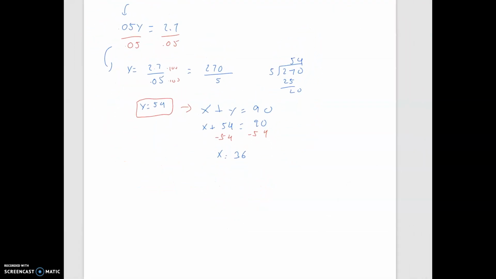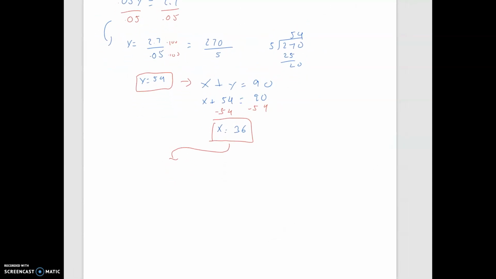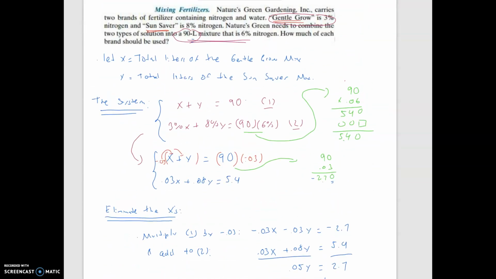Let me put the solution together. So the solution is x and y equal to 36 and 54. But remember that we're talking about a word problem, and x represented liters of the Gentle Grow mix.